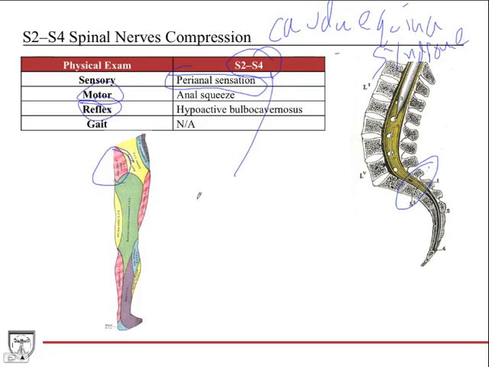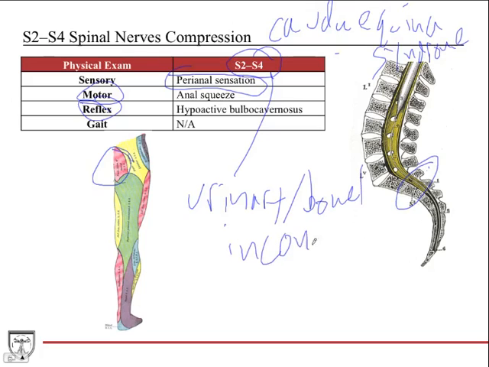Another thing you can have is urinary and or bowel incontinence. That's another indicator of S2 to S4, and that's because of the nature of the innervation. It's the pelvic organs they're affecting, not the lower extremities.